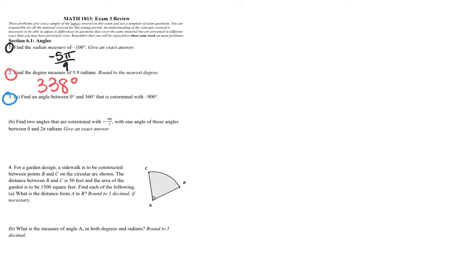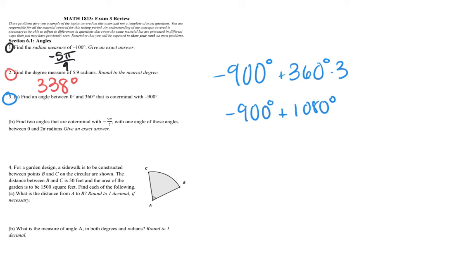So we have negative 900 degrees plus 1080 degrees, which is going to end up getting us 180 degrees. So then that angle is between 0 and 360. So that checks, so this is going to be our final answer.